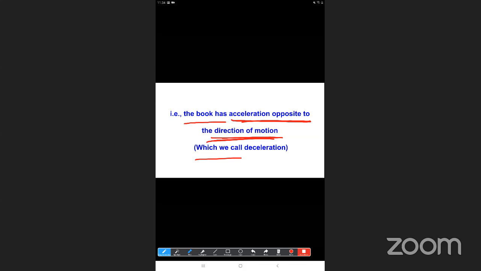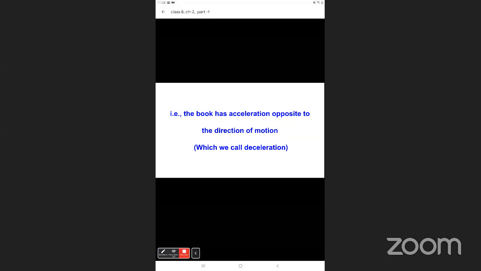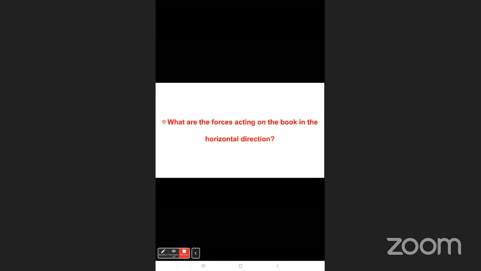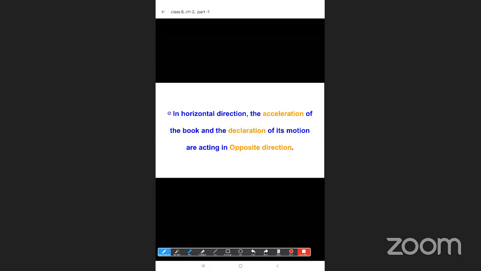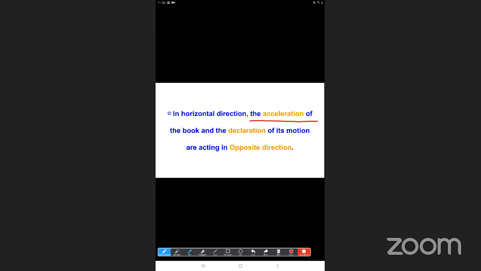Because here the direction of the motion is in the opposite direction, we can say that this is the deceleration. Here, on the book in the horizontal direction, the acceleration of the book and the deceleration of its motion are acting in opposite directions.